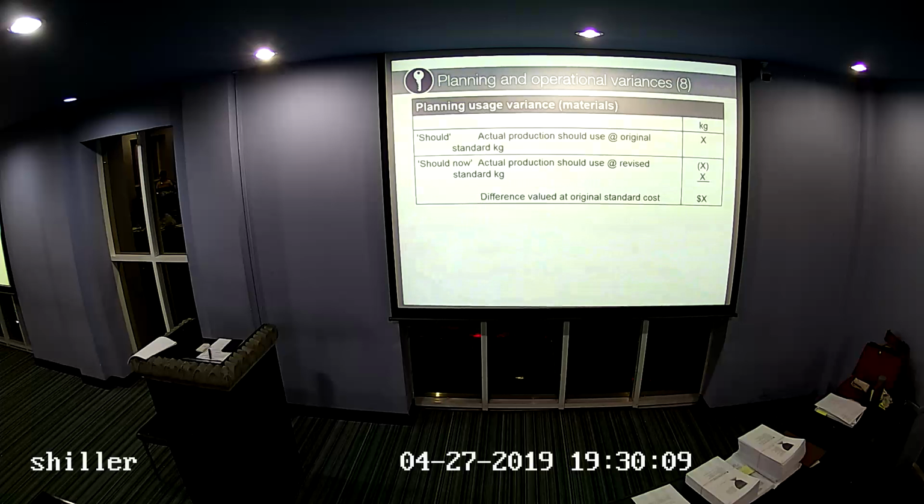In other words, if the original standard kilograms is 2 kilograms per unit that you produce, and it now becomes 3 kilograms per unit, then you will have to use the revised and compare the 3 versus the 2.